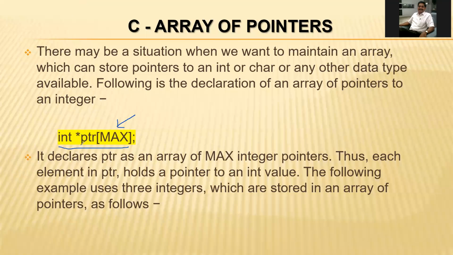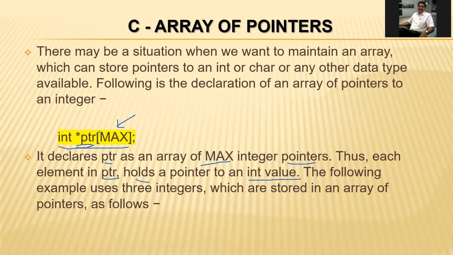The value of MAX is constant. In star ptr, we know that we can declare any pointer with the help of star. Now this will declare ptr as an array of MAX integer pointers. Thus, each element in ptr will hold a pointer to an integer value.